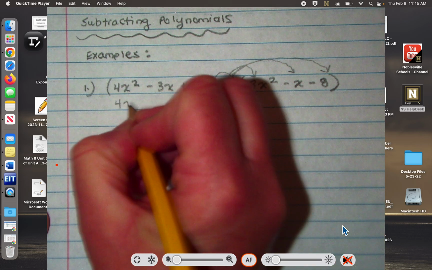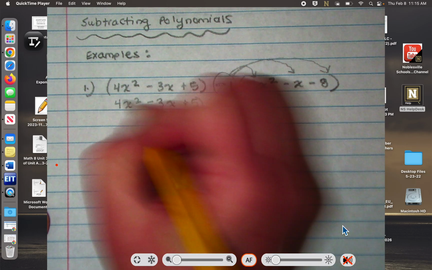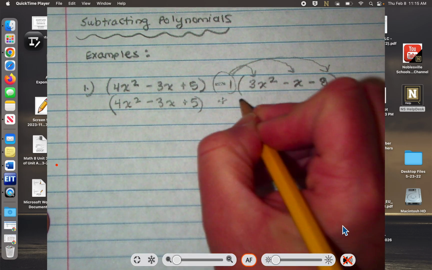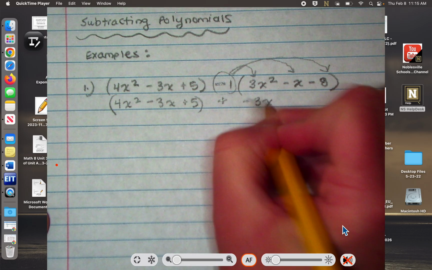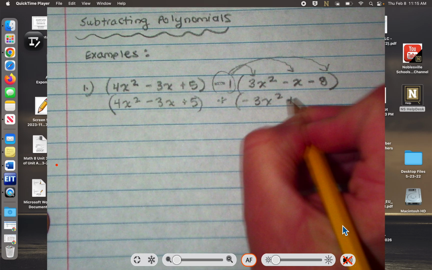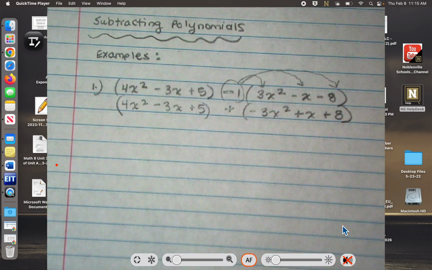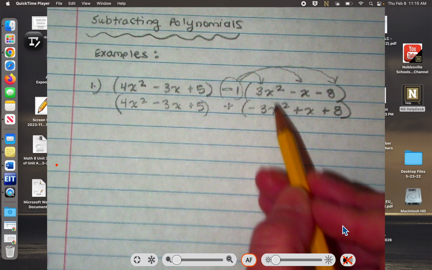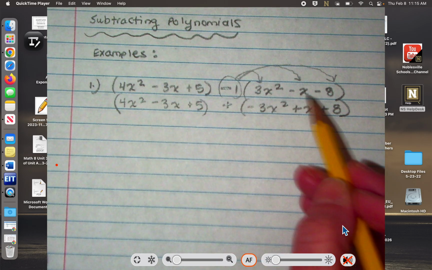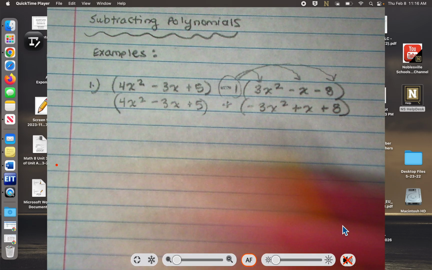So we'll have 4x squared minus 3x plus 5 plus negative 3x squared plus x plus 8. By distributing that, we now have an addition problem, but you still have to signal that yes, this is a negative 3x squared, this is now a plus x, and this is now a plus 8.